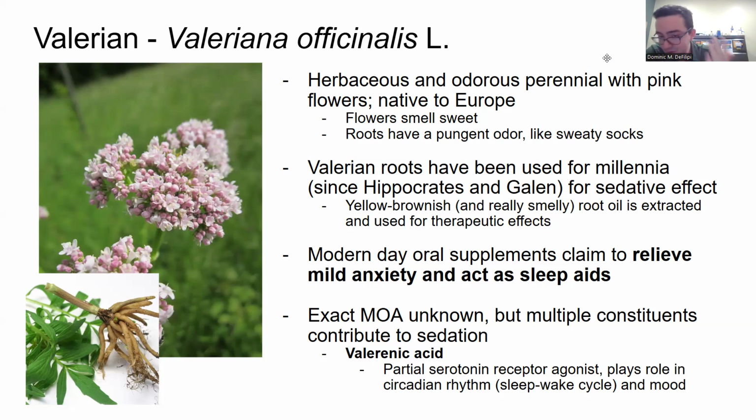So this could make a little bit of sense because if someone's having trouble falling asleep and maybe they're anxious during the day, triggering some of those serotonin receptors in order to sort of rewire the brain into a more common circadian rhythm could certainly help reduce anxiety and would certainly give someone a better night's sleep. So you'll often see valerian in combination with other things as either anxiety or sleep supplementation. And those things are standardized, usually to valerianic acid, all of which are mostly gathered from pressings and extracts from the roots.